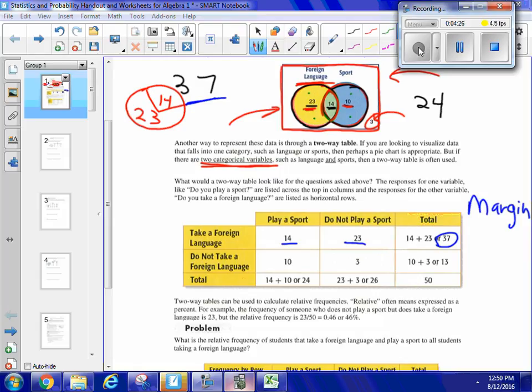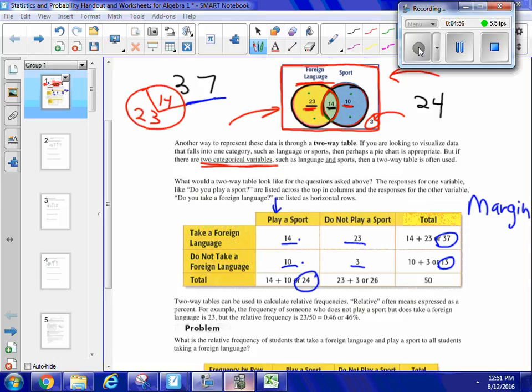The people who do not take a foreign language, there's those who don't take a foreign language but play a sport, and there's those who don't take a foreign language and don't play a sport. So that's 10 plus 3, that's 13. And now if I look at my columns, I'm looking at all the people that play a sport. Some of them take a foreign language, some of them don't. 24 play a sport.